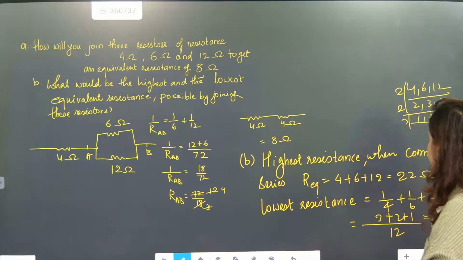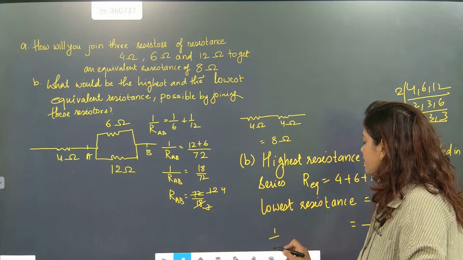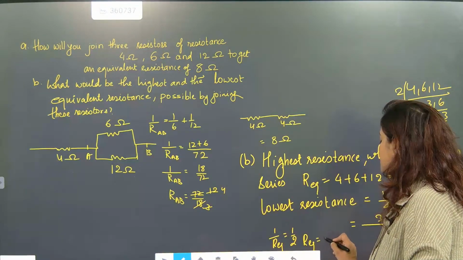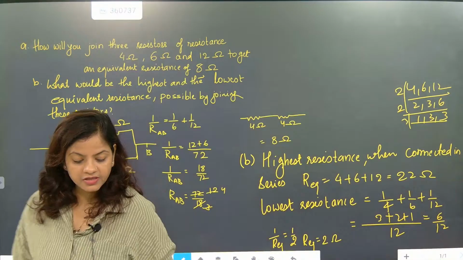So how much is it coming? Check. 6 by 12. So definitely 1 by equivalent resistance is equal to 1 by 2. So equivalent resistance is coming as 2 ohm. So here in this situation, the resistance is coming as 2 ohm.